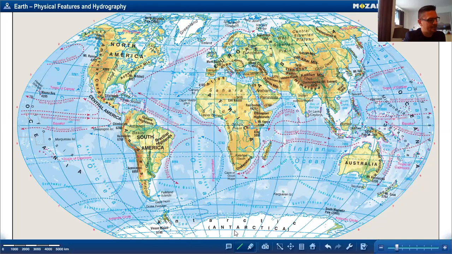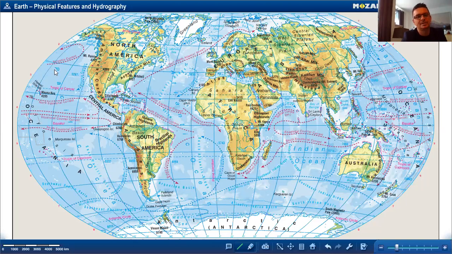And then let's see the oceans symbolized here. A is the Atlantic Ocean between the Americas and Africa and Europe. B is the Indian Ocean. C is the biggest ocean on Earth, the Pacific Ocean. If I could move these things around a bit, probably you could see the name there.